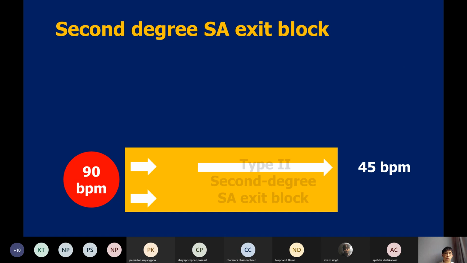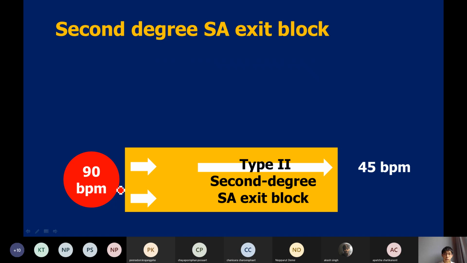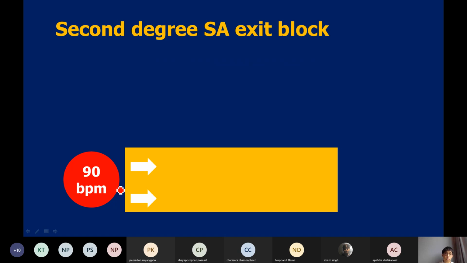So there are two types of second degree SA exit block. I will speak about type 2 first. In the red circle is the impulse generator.